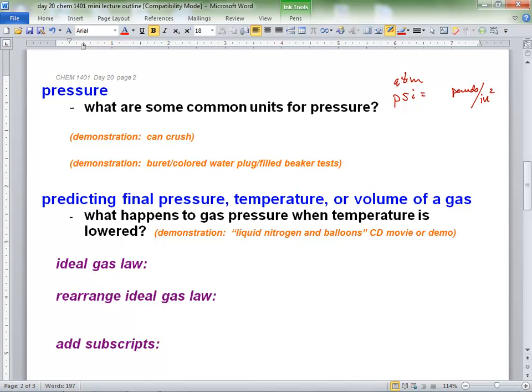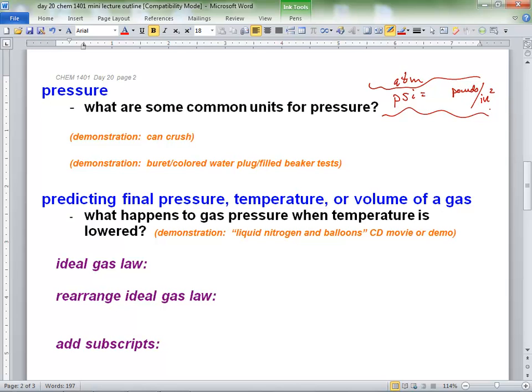How about some more? Let's see. There might be one more, Diana. One more set of units. Atmospheres, PSI. Does anyone remember?